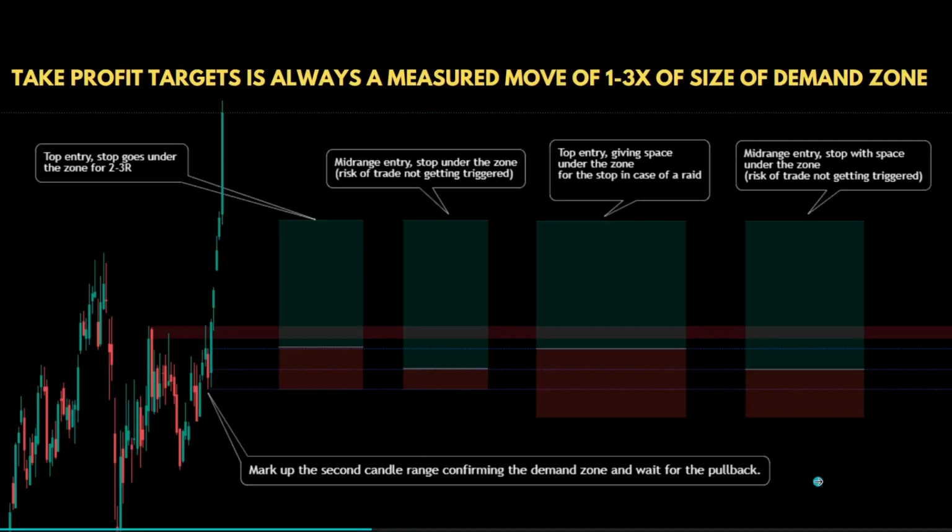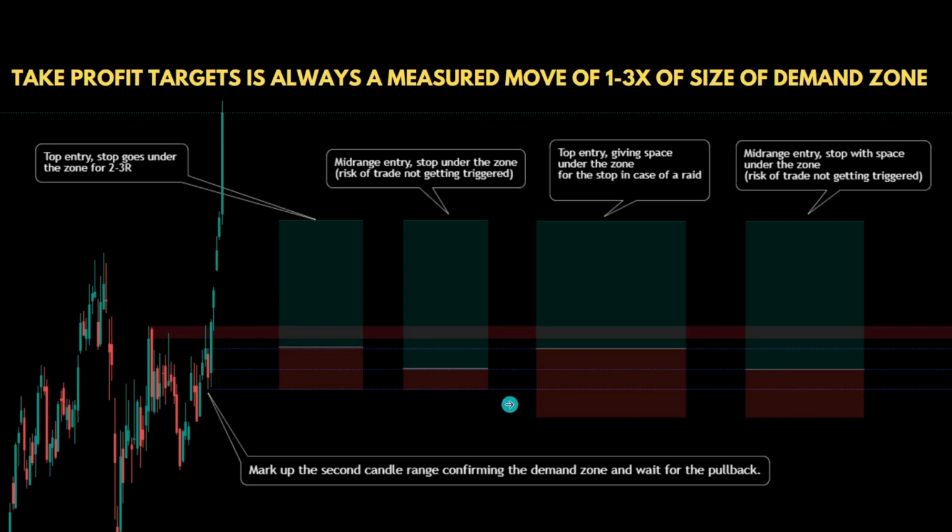All right, so how do we mark up the PKC demand zone? Basically, the PKC demand zone is pretty much the second candle. You outline a range for the second candle with the top of the range, the mid range, and the bottom of the range. You can enter at the top of the range, or you can enter in the mid range.